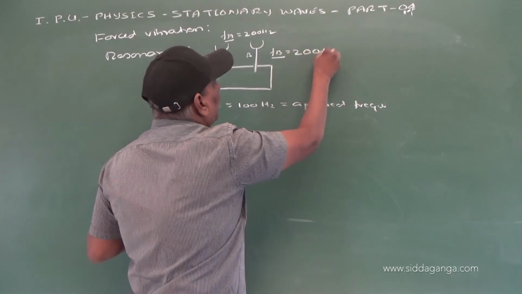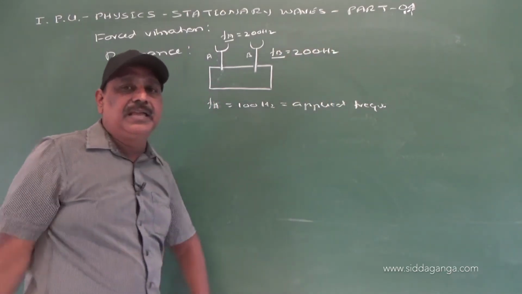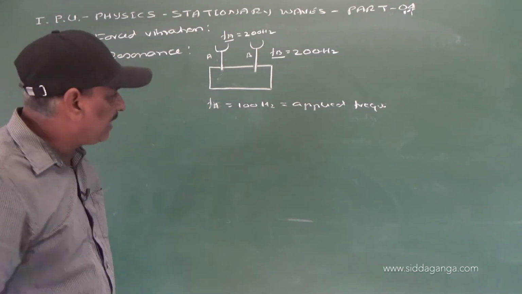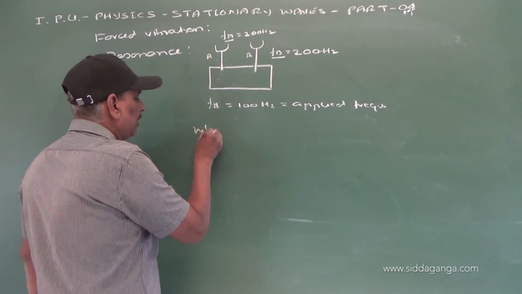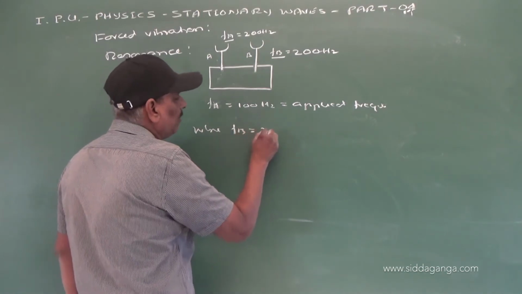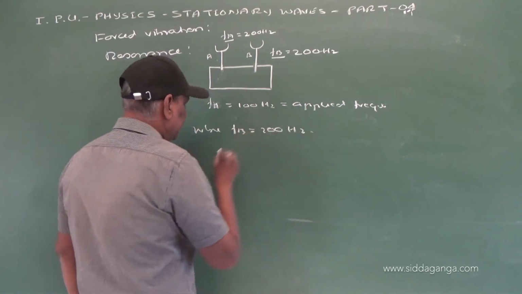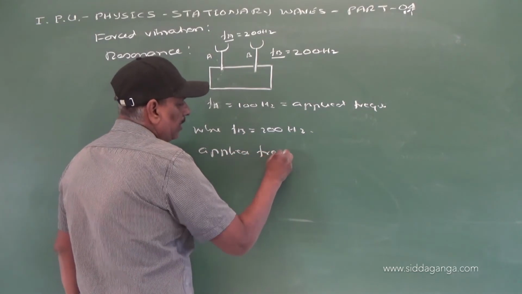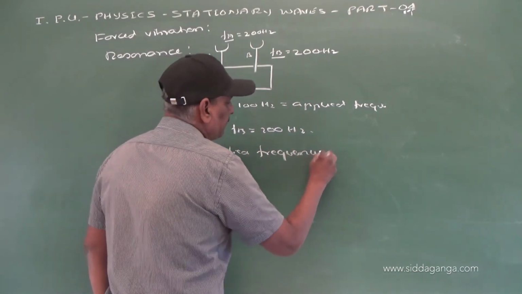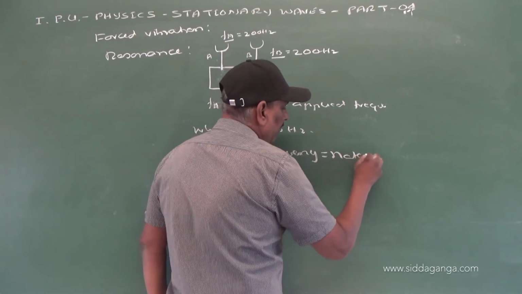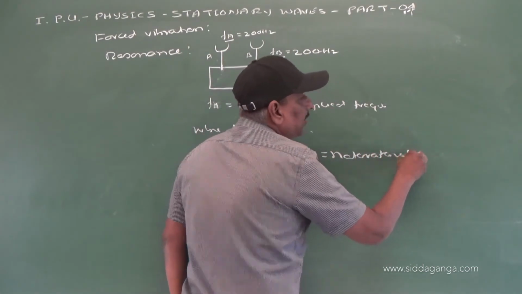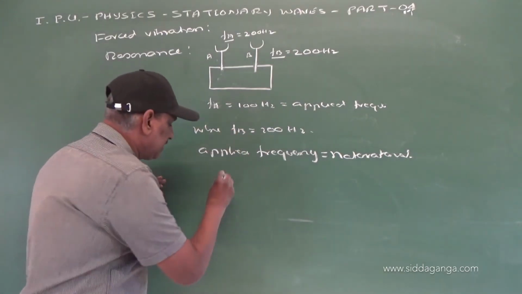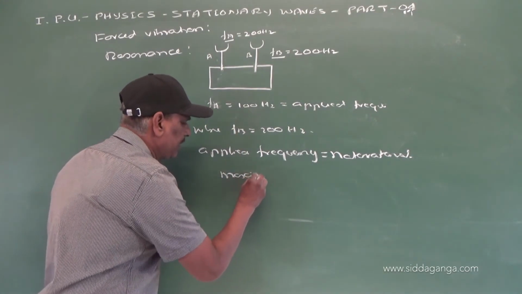When the applied frequency is equal to the natural frequency of the body, that is, when FB is equal to 200 hertz, the body vibrates with maximum amplitude.